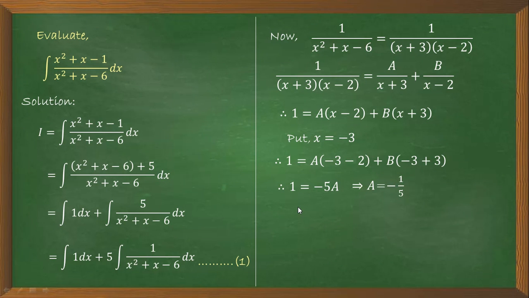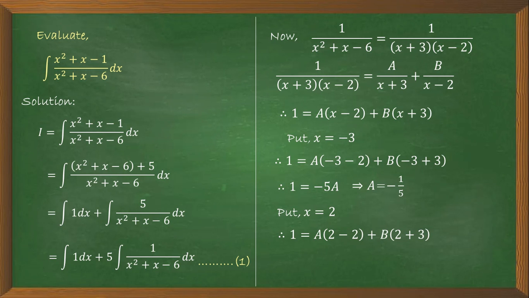Similarly, now we will calculate the value of B, and for that we will put x is equal to 2. Now if you put x is equal to 2, then A will get cancelled. So just see the step. We get 1 is equal to A into (2 minus 2) plus B into (2 plus 3).